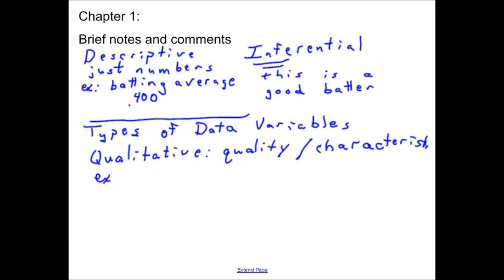Example, color. You can't calculate a color, you can't add it, find an average, anything like that.